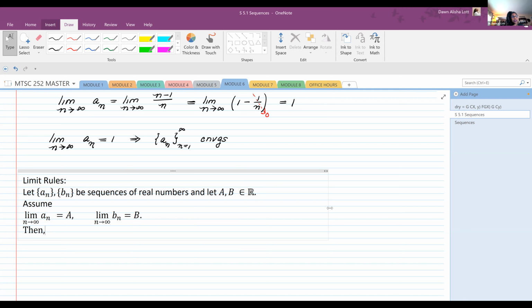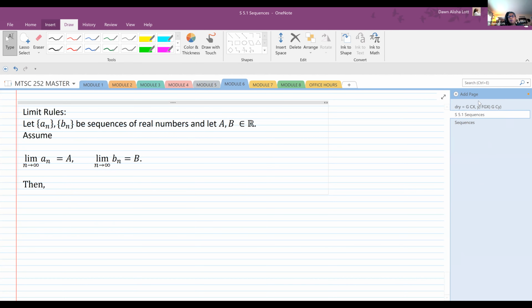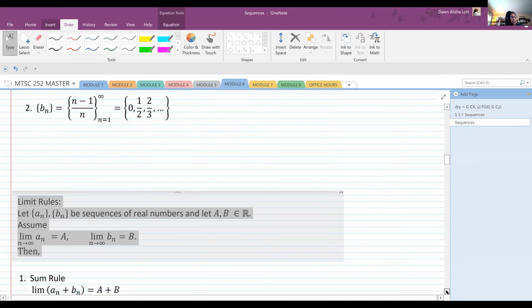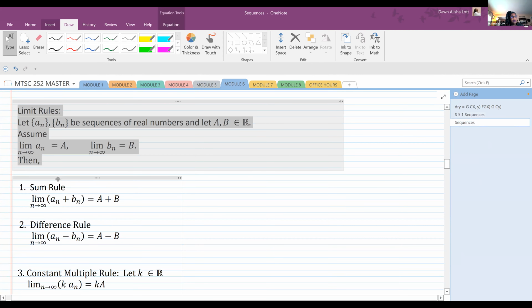And I want to assume that the limit as n approaches infinity of the sequence an is a, and the limit as n approaches infinity of the sequence bn is b. So I have two different sequences. Then here are our limit rules.